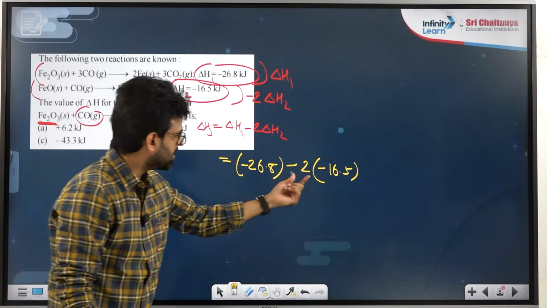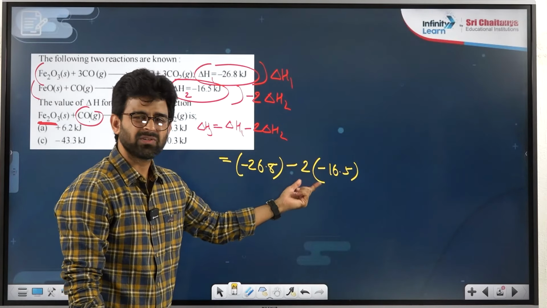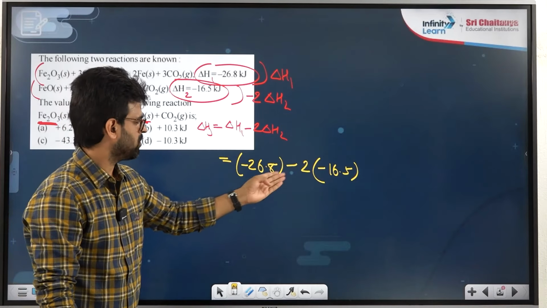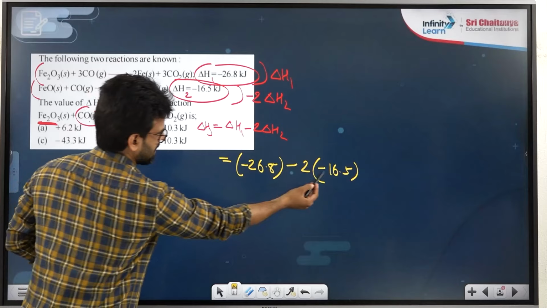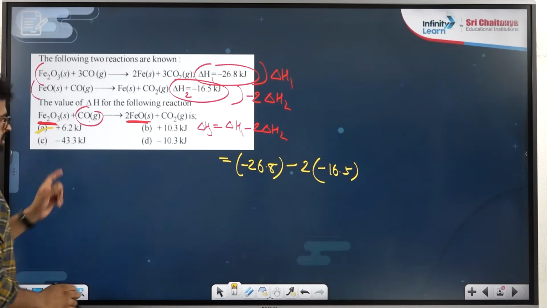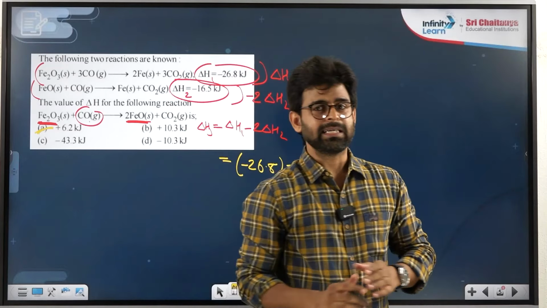If you multiply here, a plus will come, and you will see 33 and 26.8. So yes, the plus value is larger, so this value will be plus 6.2. Clear? Next question.